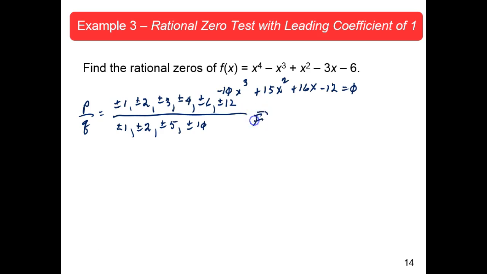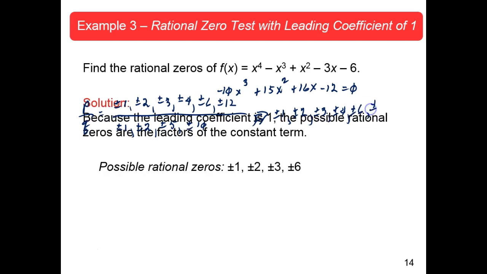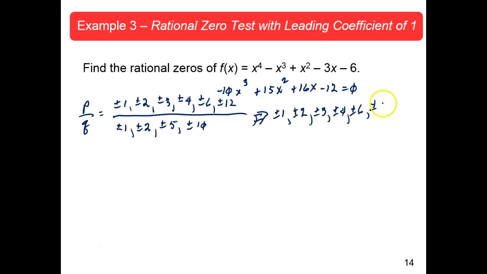I like to go for the integers first: everything in the numerator over your first term. That's plus or minus 1, plus or minus 2, plus or minus 3, plus or minus 4, plus or minus 6, and plus or minus 12.